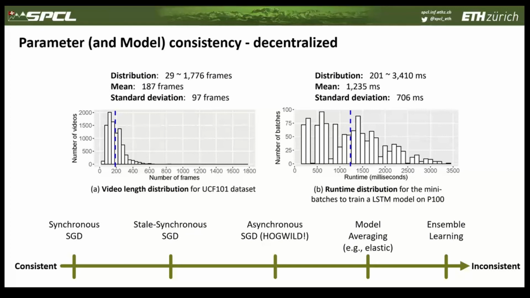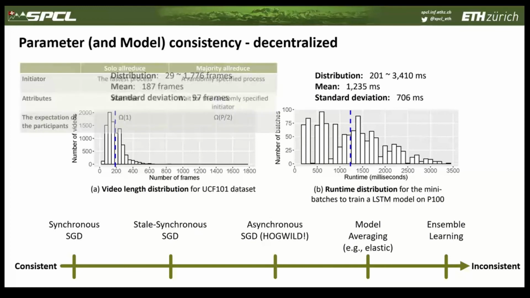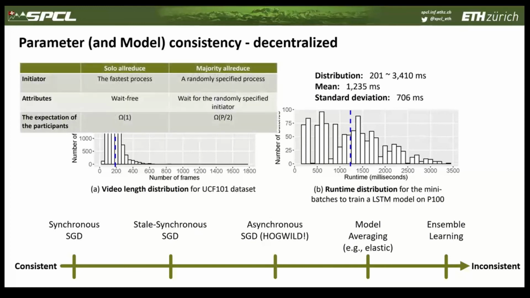So in a decentralized setting, we use a collective operation like MPI all reduce. However, we're going to do that now in an inconsistent state where we don't have everyone computing the all reduce at the same time. So that's another recent work that we did, in which we created a family of partial collectives.